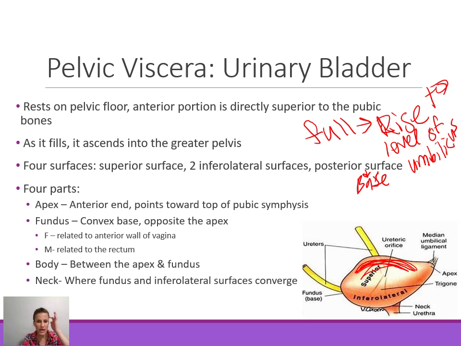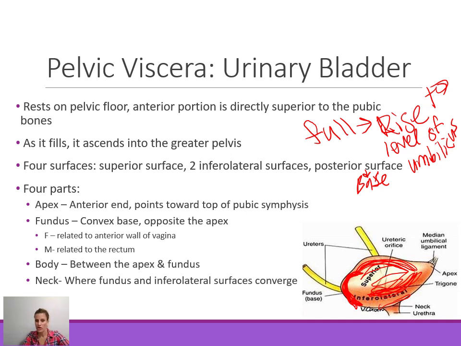The 2 inferolateral surfaces are around the sides and working down towards the bottom, and then on the opposite side as well. And then the posterior surface is over here, the back surface, which wraps around the base.